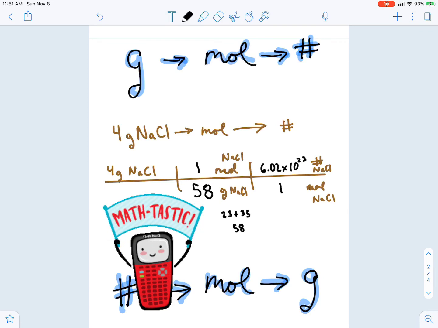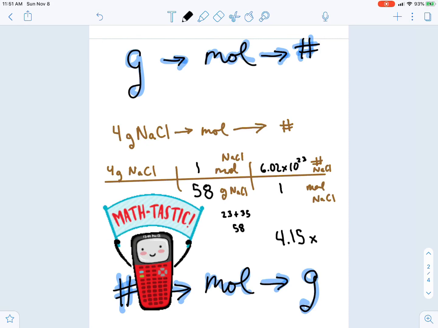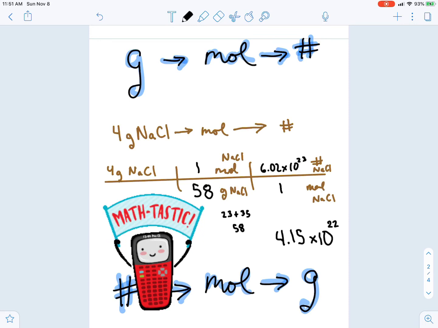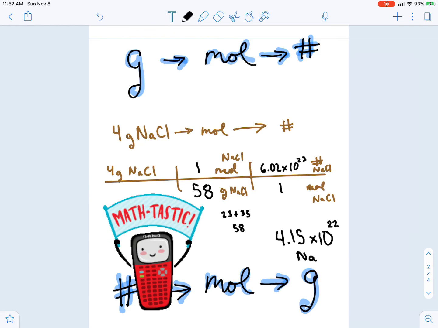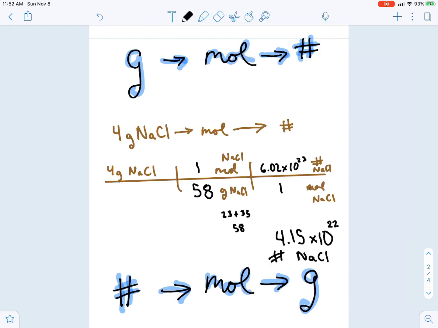And I'm getting 4.15 times 10 to the 22nd. And that's going to be the number of particles of NaCl. Uh-oh, there we go. Thought I was losing my pen here. All right.